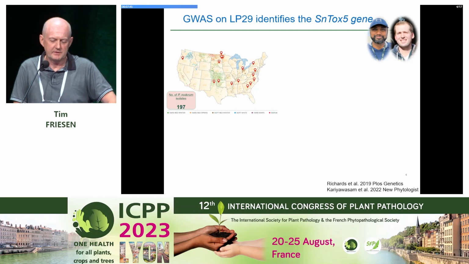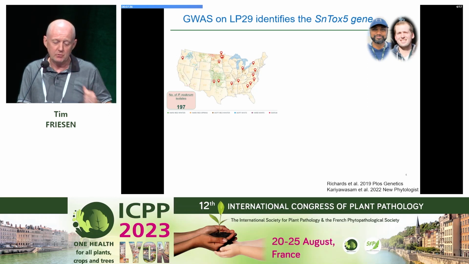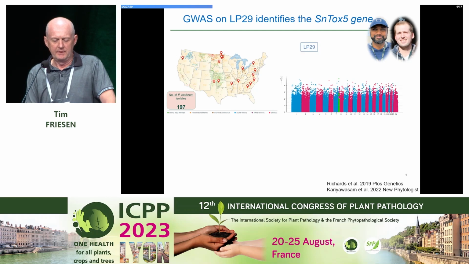Our goal at that point was to clone the TOX5 gene and then characterize the gene and the protein. We started with a GWAS approach. We collected 197 isolates from all the different wheat growing regions of the United States, which includes winter wheats, spring wheats, durum wheats, so we had a fair amount of diversity.